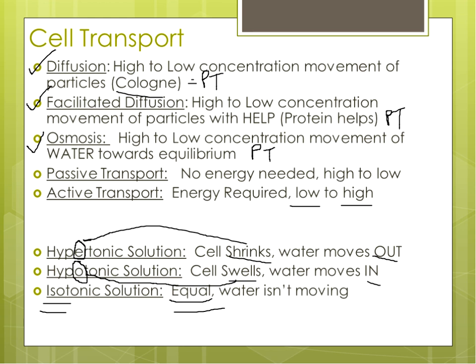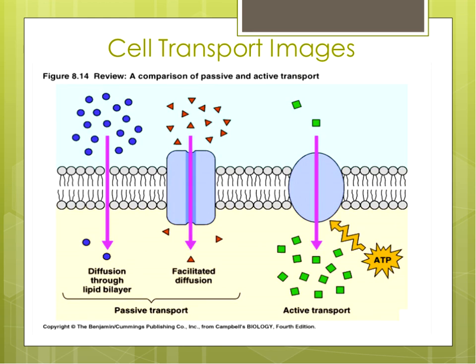Okay, so now that we know about the types of cell transport, next is seeing it in visual. So here's the cell transport images that we were just talking about. Diffusion is where the particles go from a high concentration to a low concentration across the cell membrane.